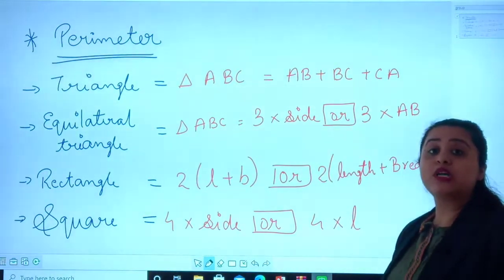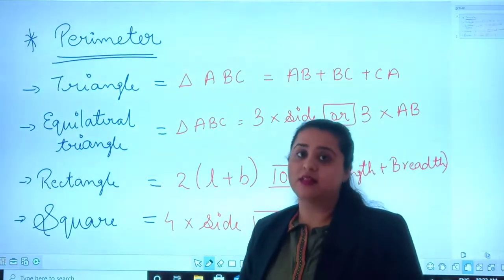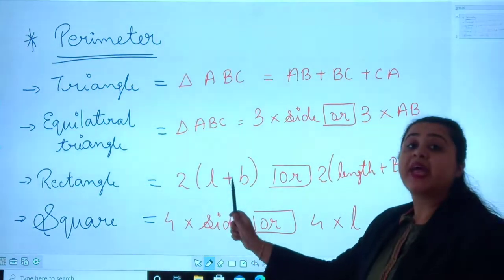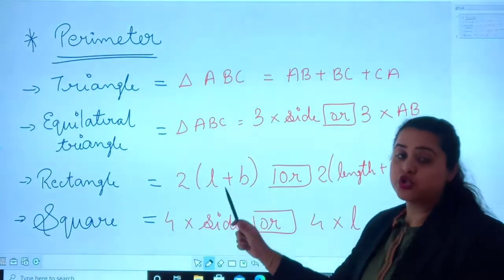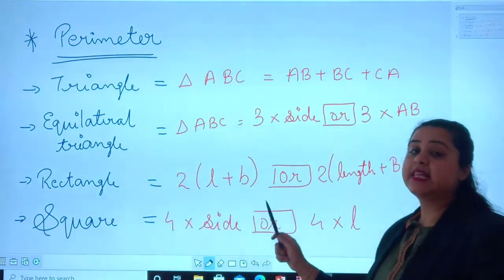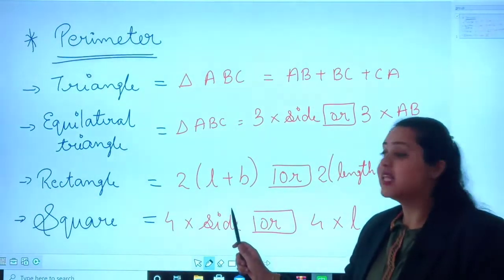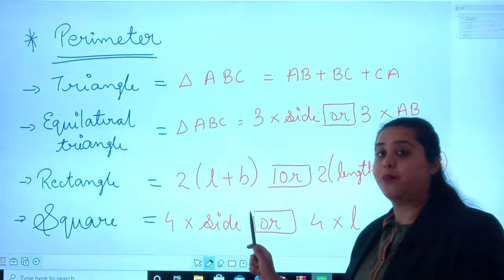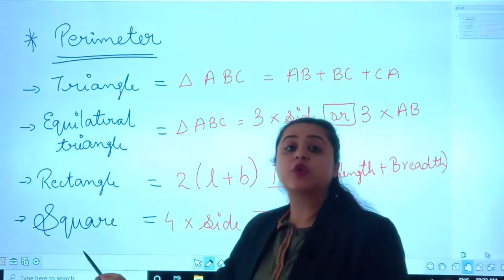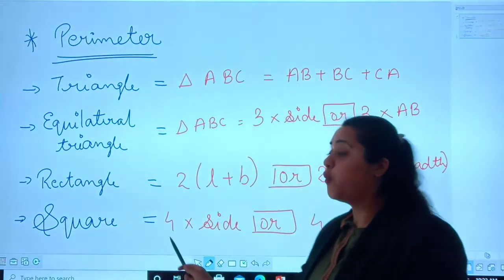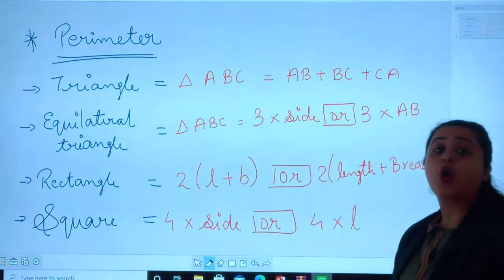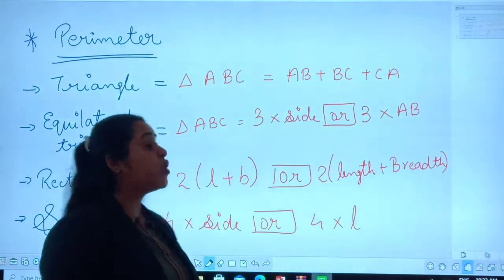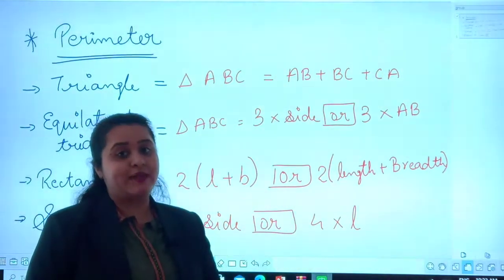Next we learned perimeter of rectangle equals 2 bracket L plus B, where L stands for length and B stands for breadth. Perimeter of square equals 4 into side, or I can say 4 into L. So this was all about your perimeter.